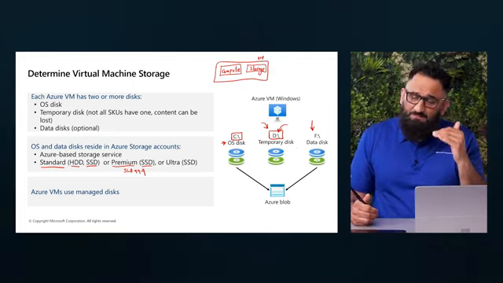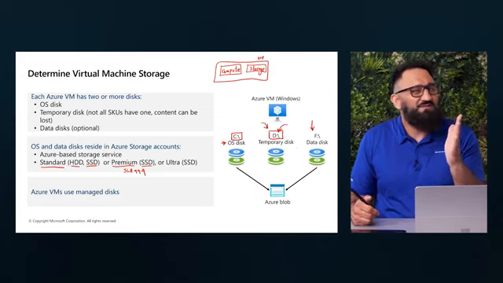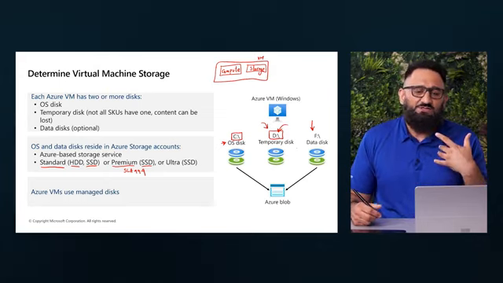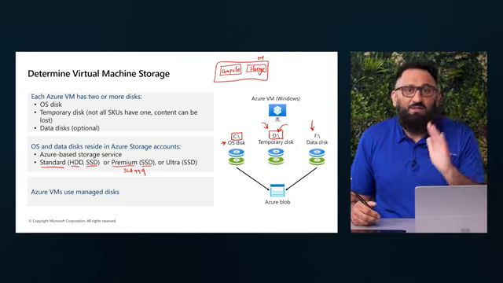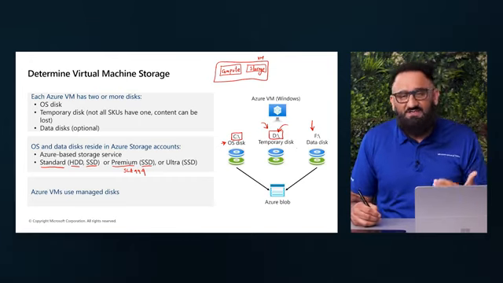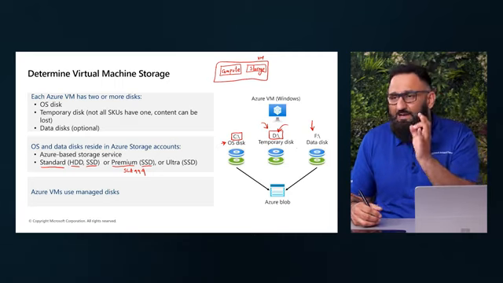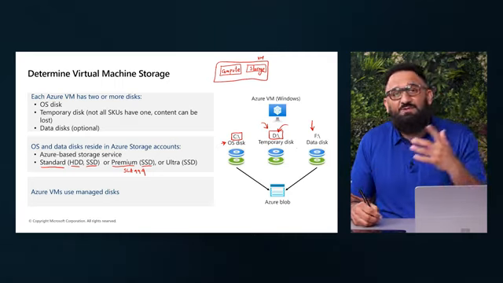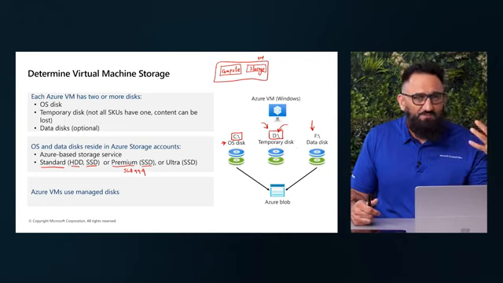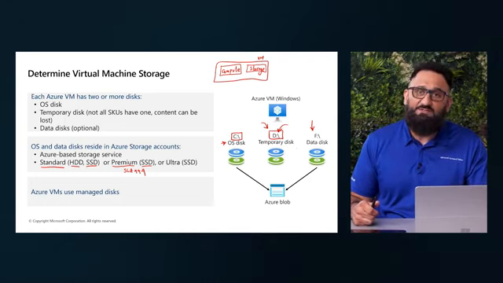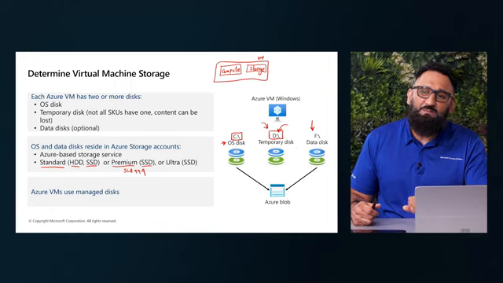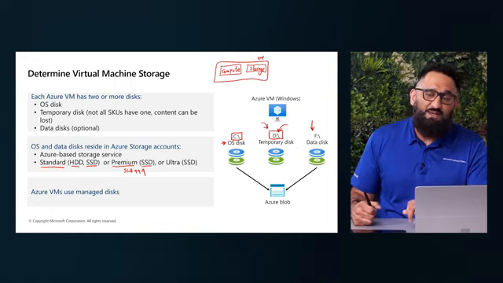Different compute sizes will limit you on the maximum number of disks they can support. So if you have a requirement, plan well. Go and have a look at some of the details around the compute sizes you have. How many do they offer? How many disks can I add to it? What type of memory? What type of CPU can I have into that? So all of that stuff is something that you might need to look into managing.